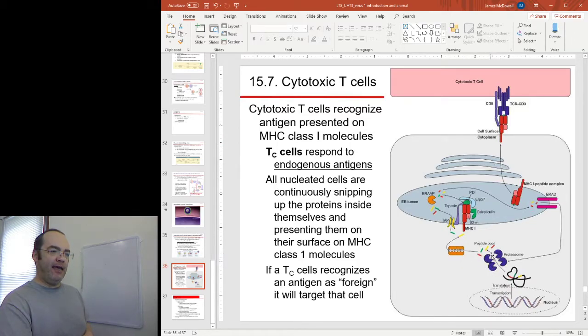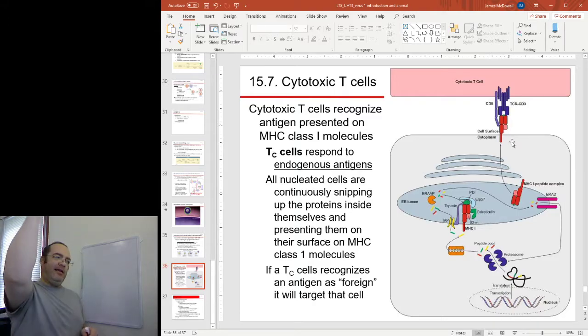So here's a protein that's been snipped up. A piece of that protein is going to be put onto this MHC molecule. The MHC molecule will be transported to the surface, and it's basically saying, have a look, I found this inside me. Is this a good thing or a bad thing?